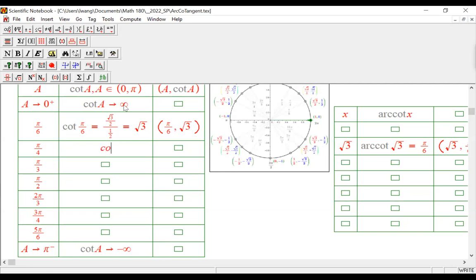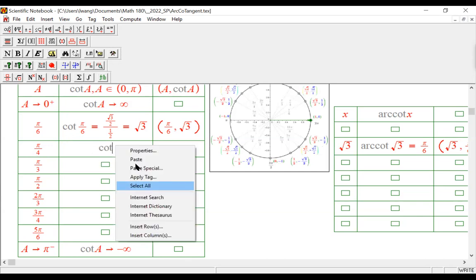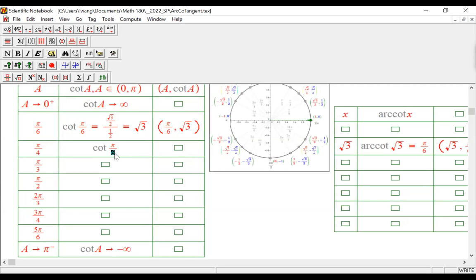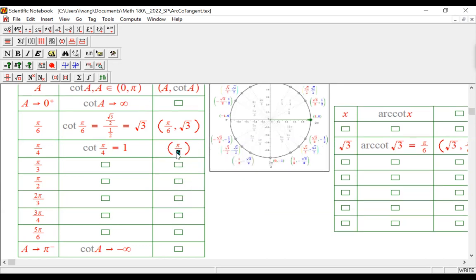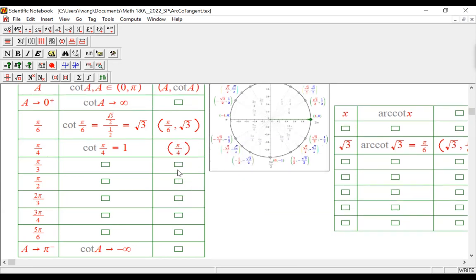Okay, so cotangent pi over 4. And we already did that. That was 1, right? And so the input is pi over 4, and the output is 1.